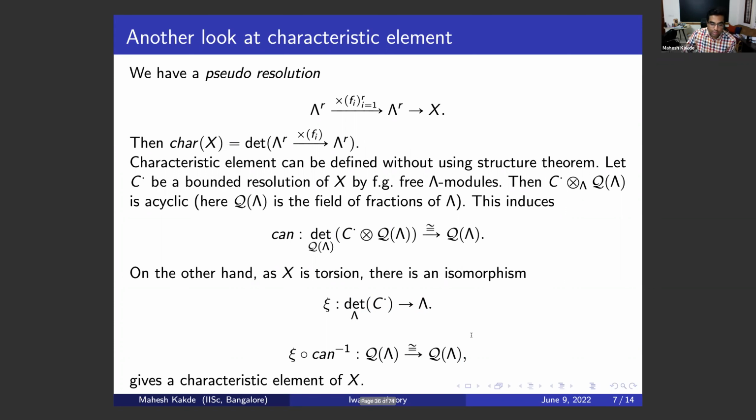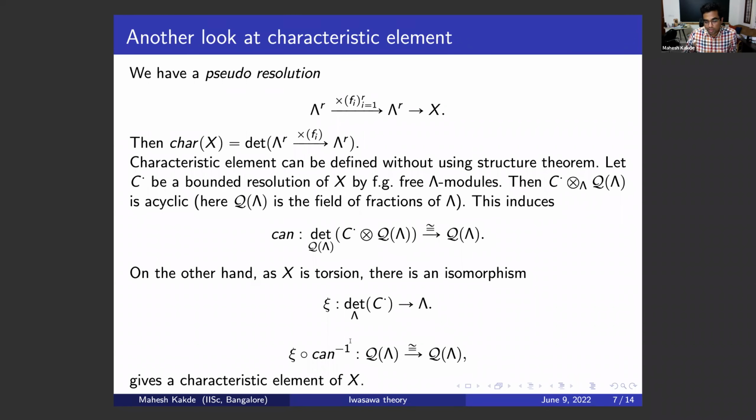Nevertheless, we can extend scalars for psi, which I'm again going to denote by psi itself. Compose it with the canonical isomorphism inverse, and you get an isomorphism from Q Lambda to Q Lambda. So it's given by multiplication by an element of Q Lambda.